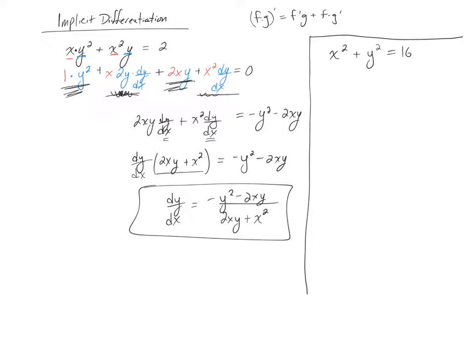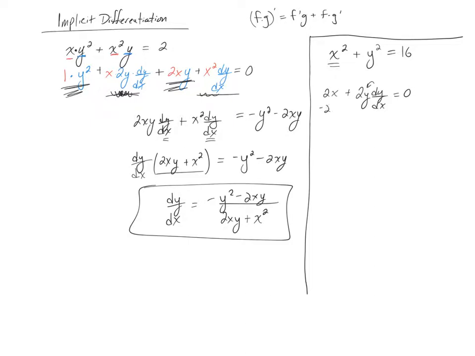So if we come through and look for dy dx on this one, we're going to take the derivative of x squared, which is just 2x. And then we take the derivative of y squared, which is 2y, but because y is a function of x, we come back and take the derivative of what's inside, which is dy dx. The derivative of 16 is 0, and now it's just a matter of getting dy dx by itself.